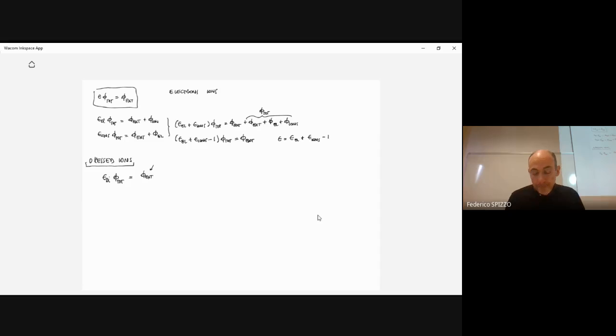So the idea is that when dressed ions screen something, they do not screen directly the external contribution, but they screen the external contribution after it is screened by the electrons. So the electrons in this case have a double role. One role is to screen the external potential. The other one is to change their configuration depending on the specific position that is displayed by the ions.